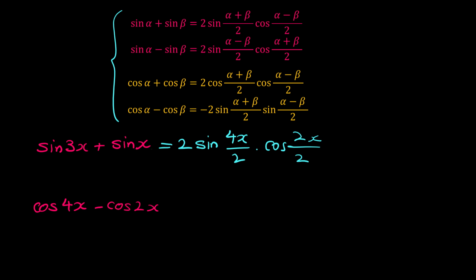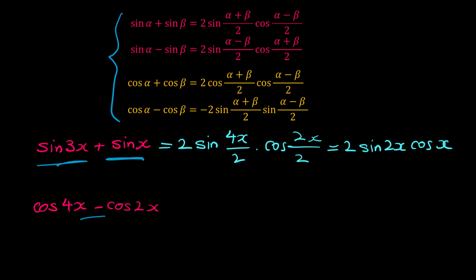We can simplify this expression. 4x over 2 is 2x, 2x over 2 is x. So we can write this in the form of 2 sine of 2x cosine of x. So with the aim of sum to product formulas, we can write these sums or these differences in the form of a product, as you can see.